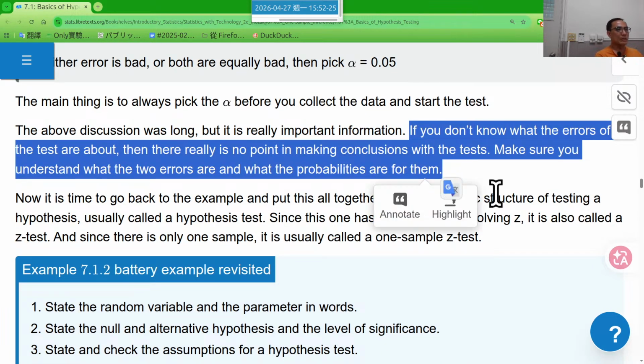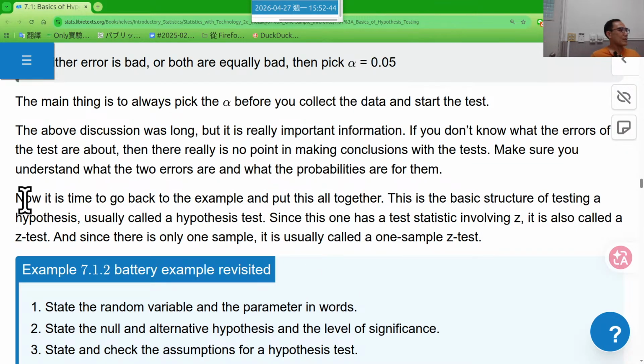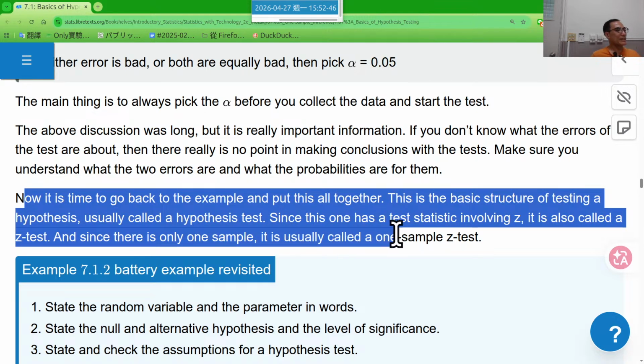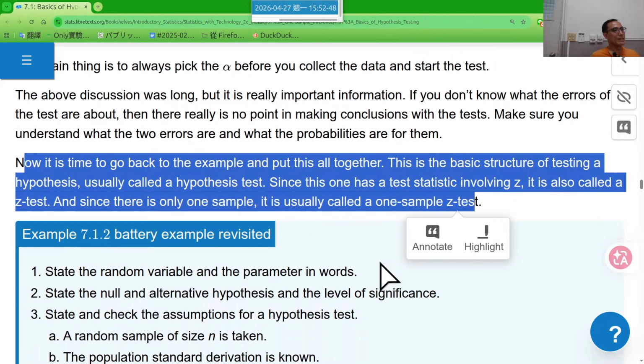If you don't know what the types of errors in a test are, then there's really no point in making a conclusion in a test. Make sure that you understand what the two types of errors are and what the probabilities are for them. Now it's time to go back to the example and put this all together.